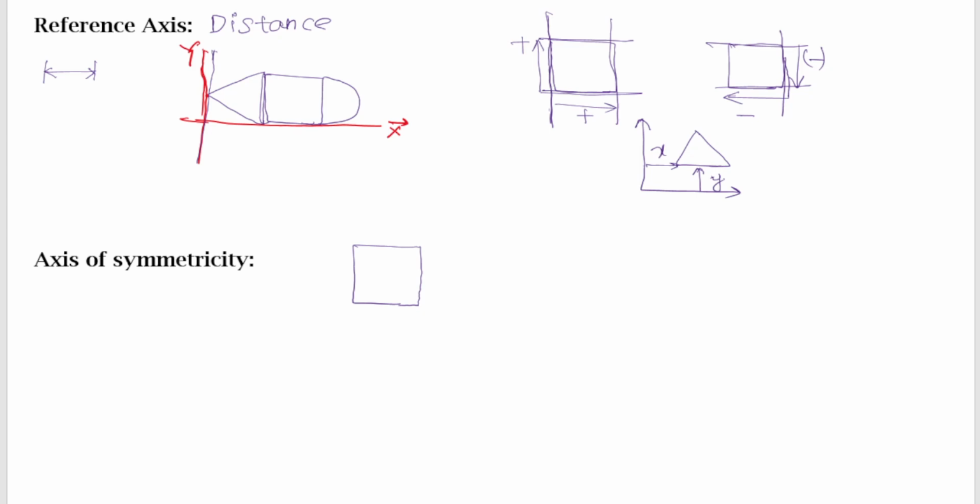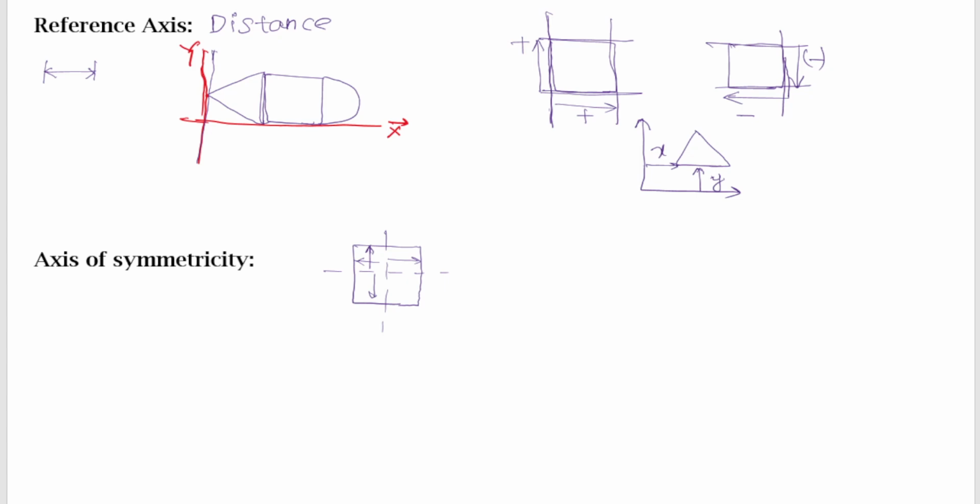Now I have a square here, and we all know that if I draw a horizontal line like this, the bottom part is going to coincide with the top part. The same thing is true for this section also: the left side is going to coincide with the right side, or the right side with the left side. This is called the axis of symmetricity.